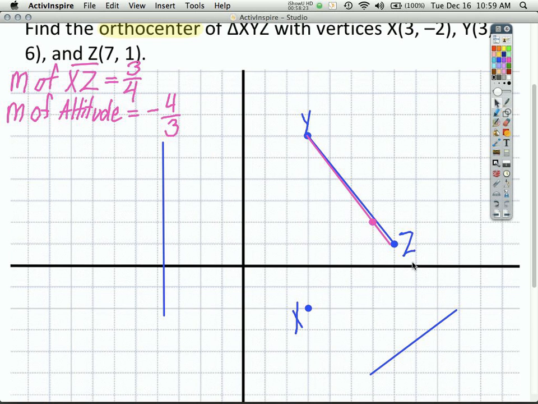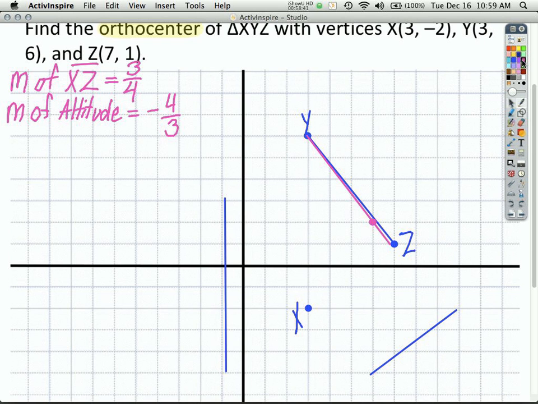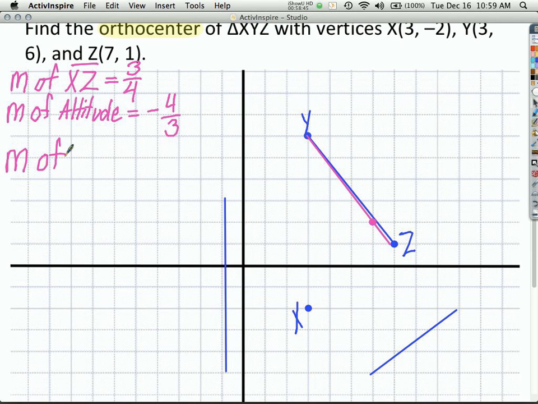So now we need a perpendicular line to yz that passes through x. Move this over here. So again, we're talking about slope. The slope of yz. What is the slope of yz?